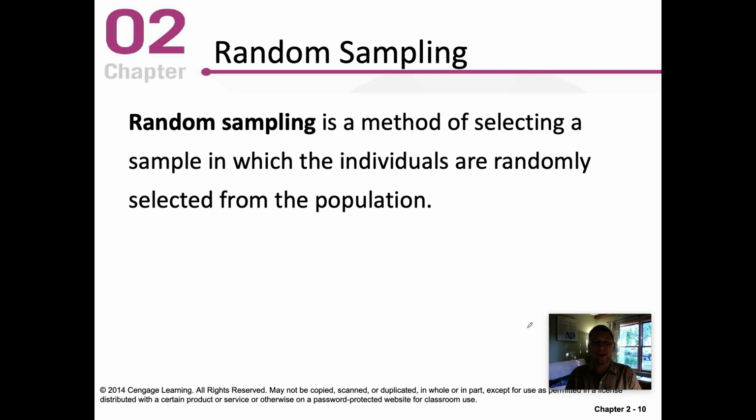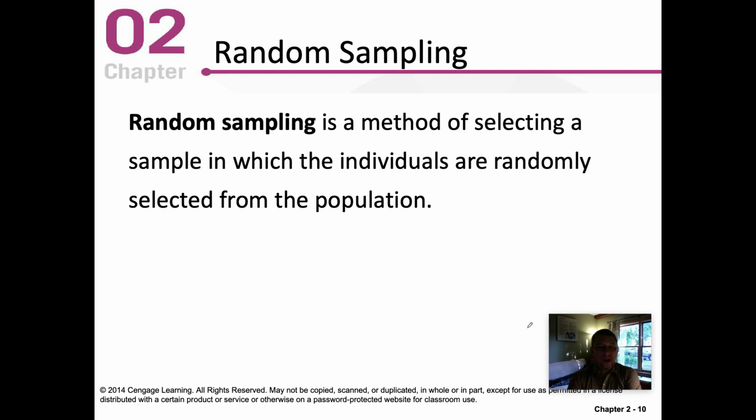Random sampling is a method of selecting a sample in which the individuals are randomly selected from the population. So, for example, if these media companies that we were talking about truly wanted a random sample, they would have called people from Idaho and Wisconsin and Utah and Kentucky and that sort of thing, and not just called people from New York and New Jersey and California. That would have given them a truly random, well, at least a more random sample than the one they actually got.